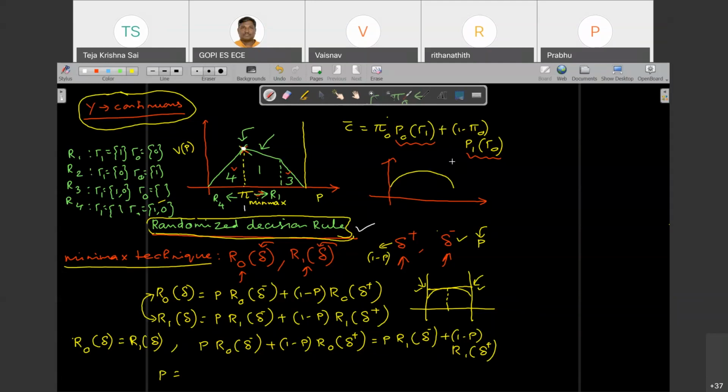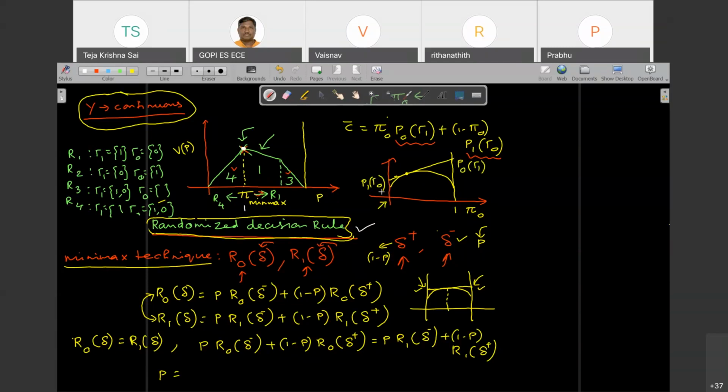So what does it mean? If I have a plot like this, and this is my prior probability, any point where I choose the straight line tangent to this: when pi naught is 0, you get P1 of gamma naught, and when pi naught is 1, you get P naught of gamma 1.